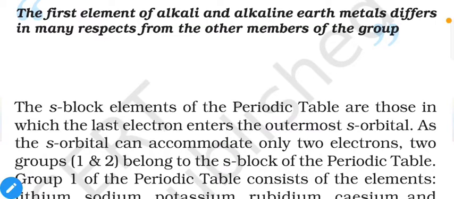So if there is necessity, it can use the d orbital. The same thing goes with the s block elements. First elements are comparatively smaller in size and they lack d orbitals, and that's why they behave differently.